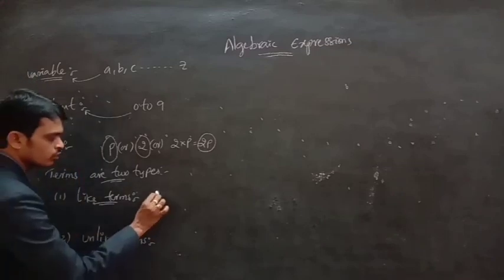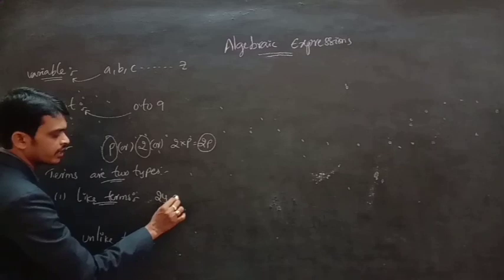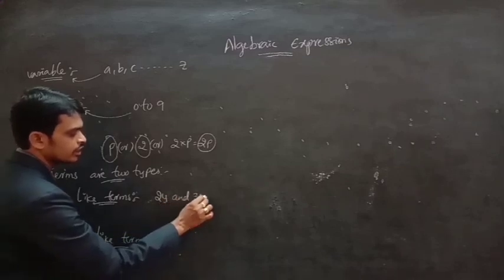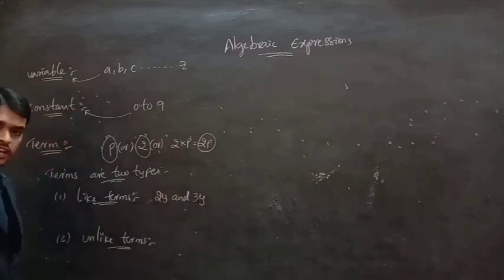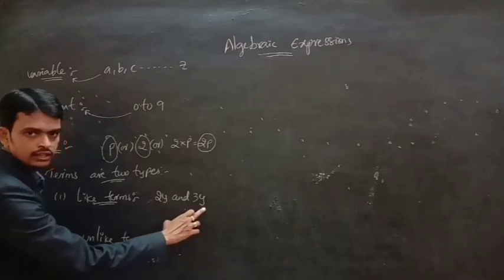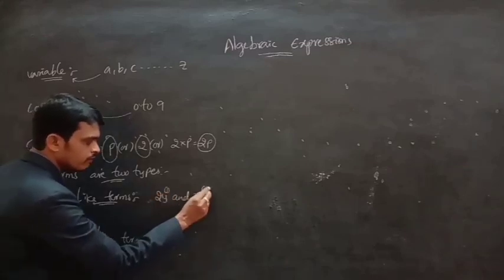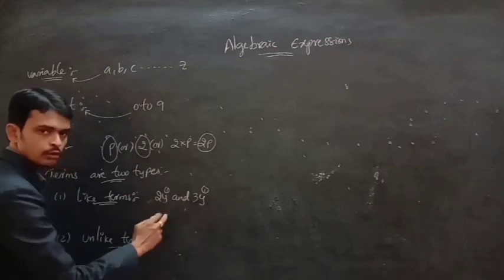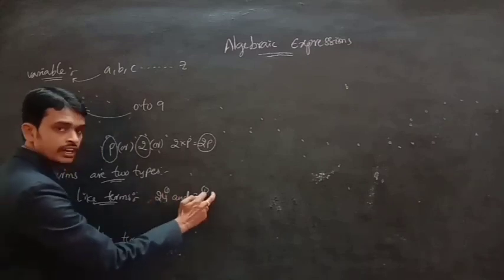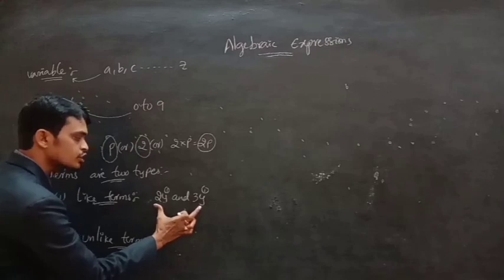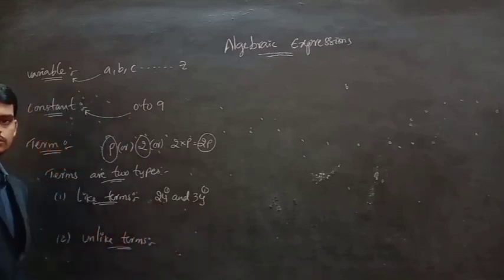For example, 2y and 3y. What is the variable here? y, the same variable. What is the exponent here? 1. With the same variable y and the same exponent 1, these two terms are like terms.